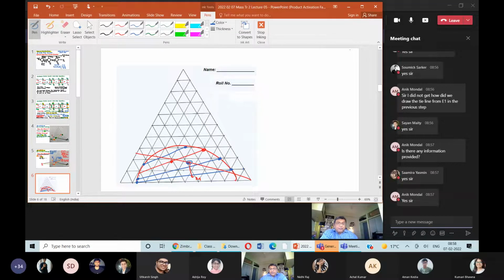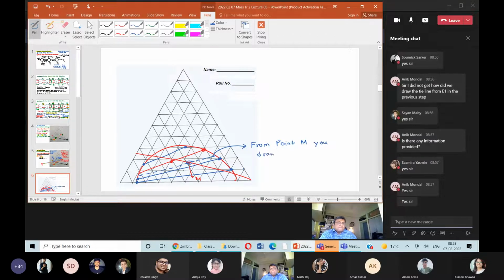So how do you draw it? Roughly by guess, no mathematical expressions. So from point M, you draw a tie line by guess.